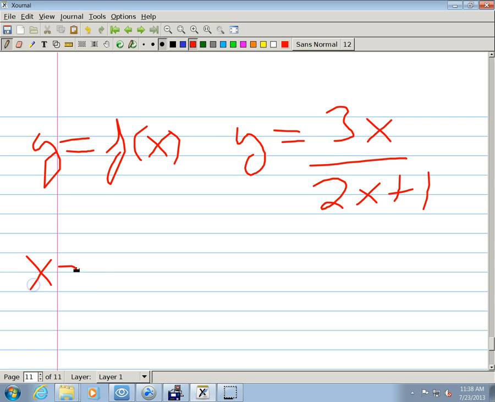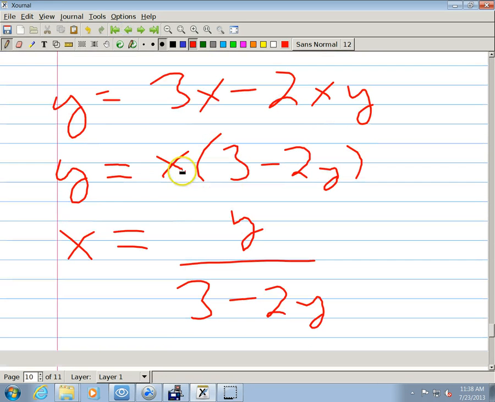And x as the inverse function of y, we got y over 3 minus 2y, yeah, that's what we got.